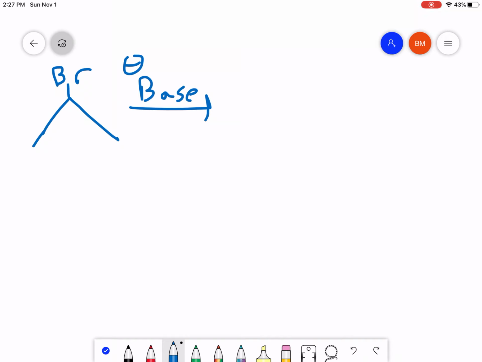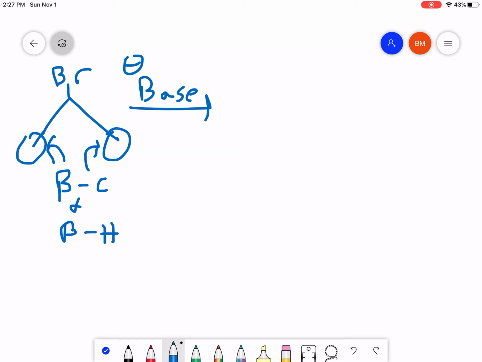Now in this one, you'll notice there's actually 2 beta carbons right here, one on either side. And each of those beta carbons contains beta hydrogens. However, just because you have 2 individual beta carbons, it doesn't mean they're chemically different from each other. In this one, you can actually draw a line of symmetry through here, and you can see that this carbon, what it contains in its environment, is exactly the same as this one.